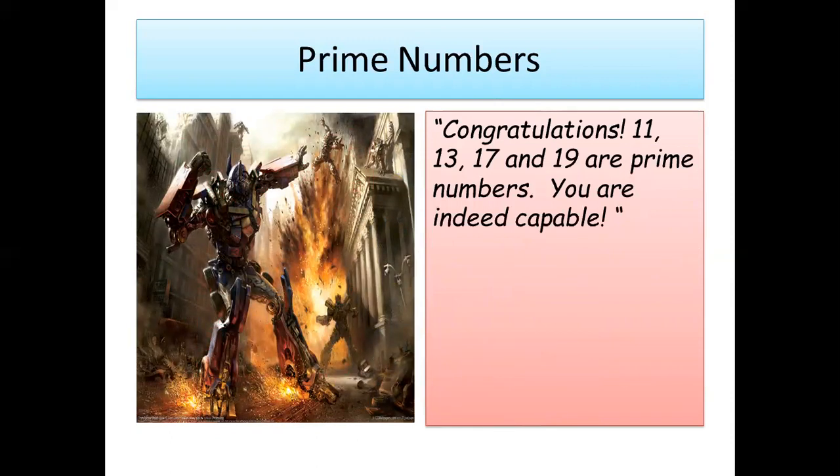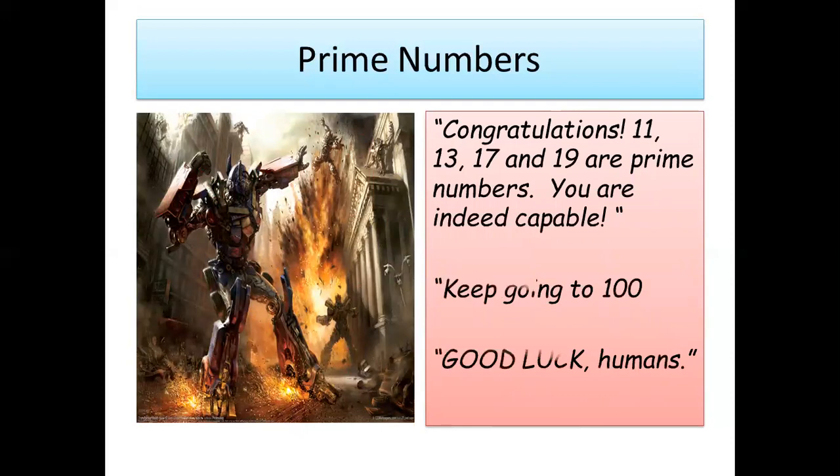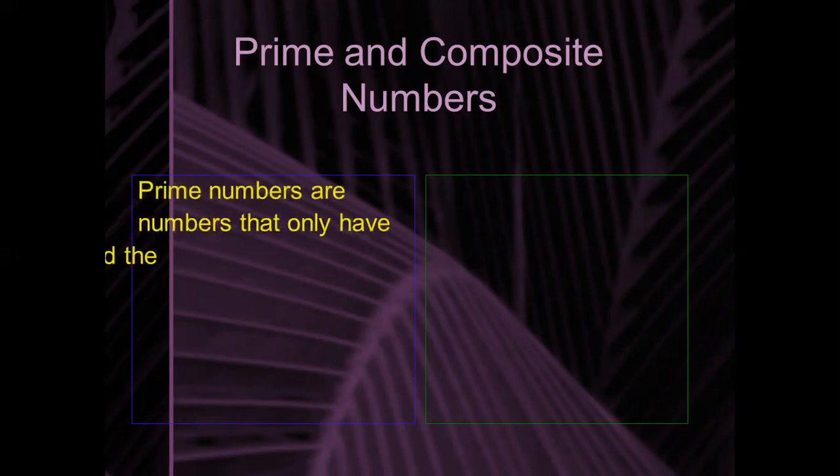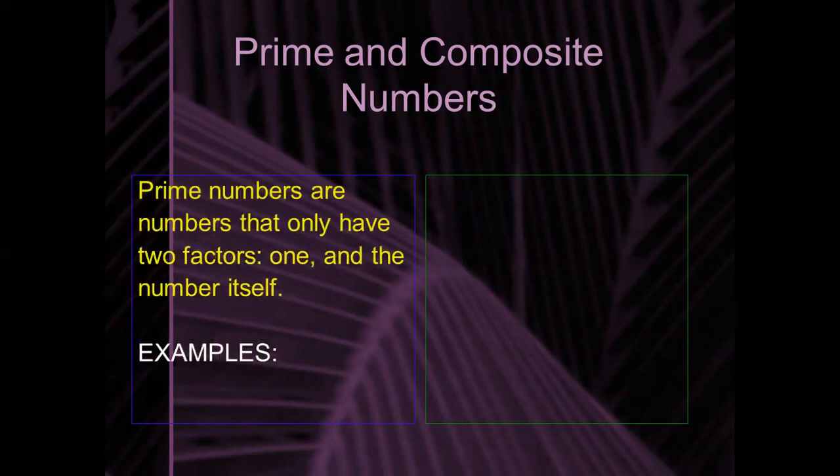Okay, as we said, the prime numbers that we agreed on are 11, 13, 17, and 19. We said that prime numbers have only two factors, one and the number itself: 3, 5, 7, 11, 13, 17, and so on.